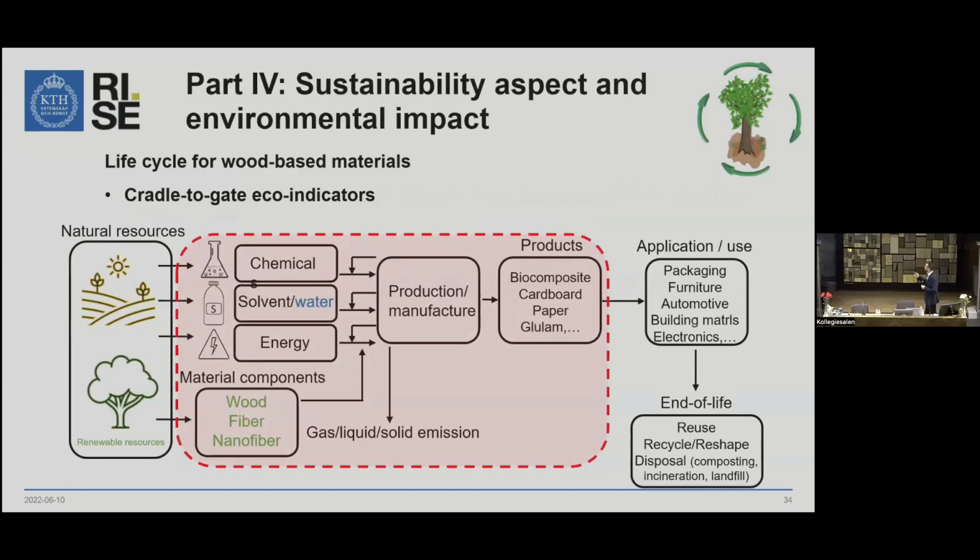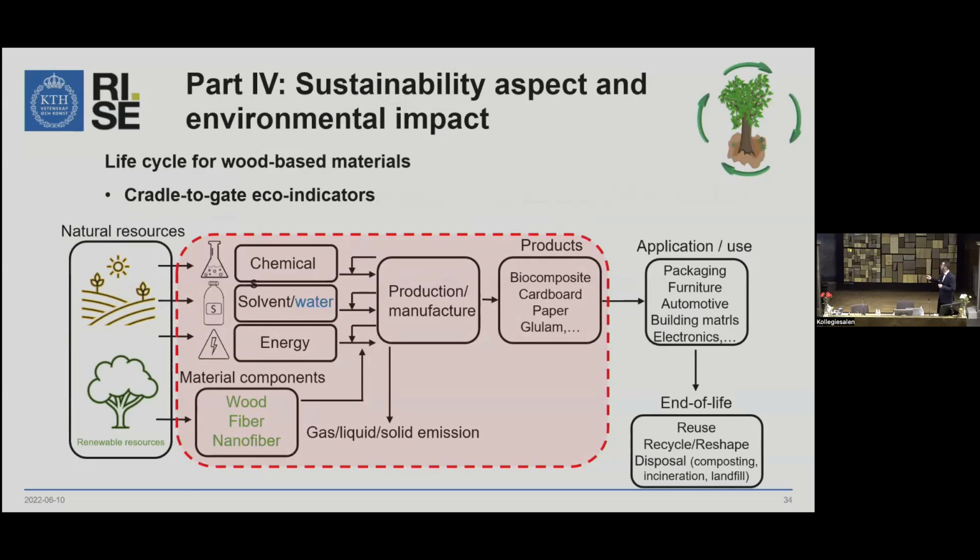So now we want to talk about the sustainability aspect and environmental impact. If we think about the life cycle of the wood-based materials, in the beginning we have natural resources. We can extract chemicals, solvent, water, and energy from the natural resources, and also material components like wood, wood fiber, and nanofiber.